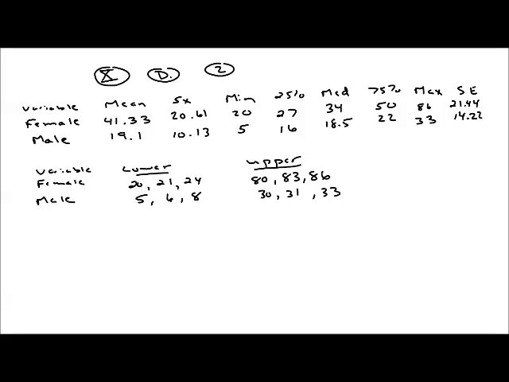Okay. First thing that we are going to do to make a box plot, you need to know the 5-number summary. So we're going to do females and males. I need to know min, Q1, median, Q3, and max for both the females and the males.